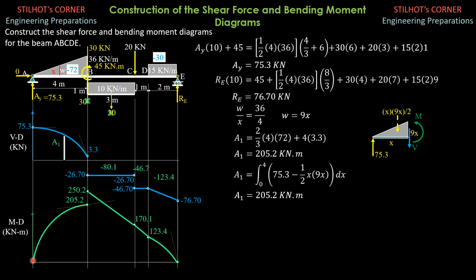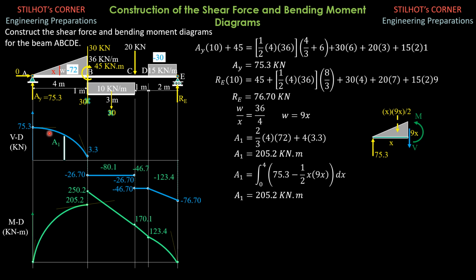Positive 75.3 is almost a vertical line. Then the 3.3 slope is, let us say, that one. Then connect these 2 points with a smooth curve tangent to this initial tangent here, then tangent to the other tangent. So the slope is positive. From positive 75.3, it decreases down to 3.3. So I hope there's no more problem about the curvature of the curve.